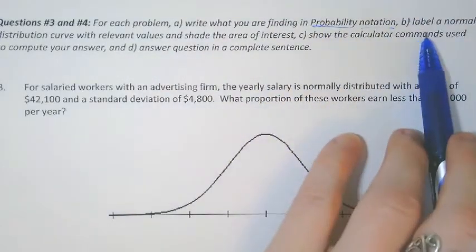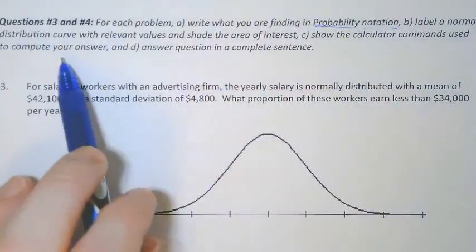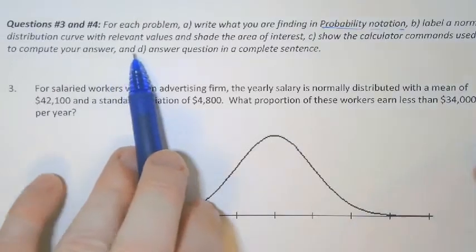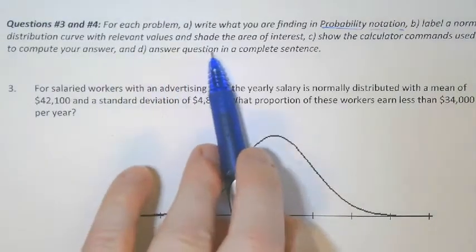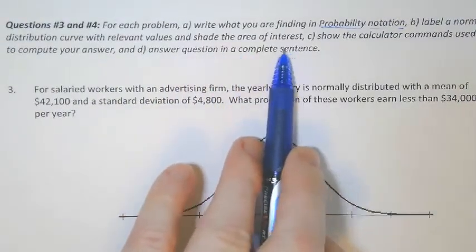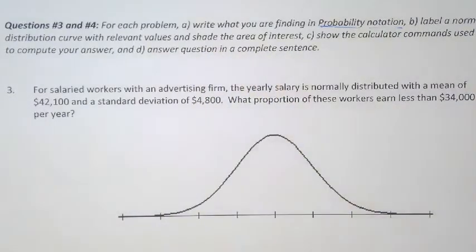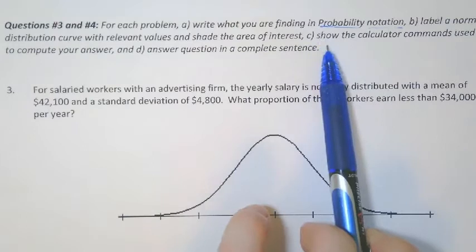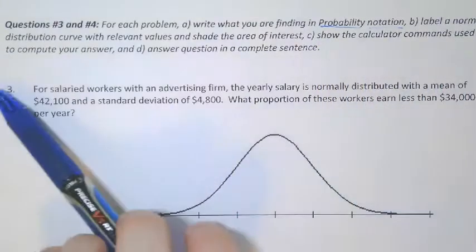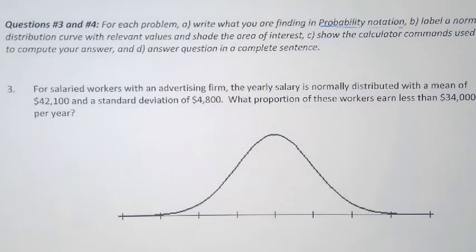B says to label a normal curve with relevant values and shade the area of interest, the area we're finding the probability of. C says to show the calculator commands used to compute your answer. And D, make sure to actually answer the question, and answer it in a complete sentence.